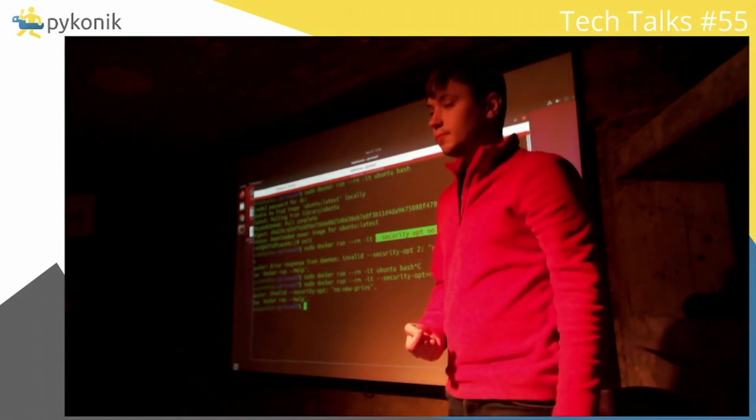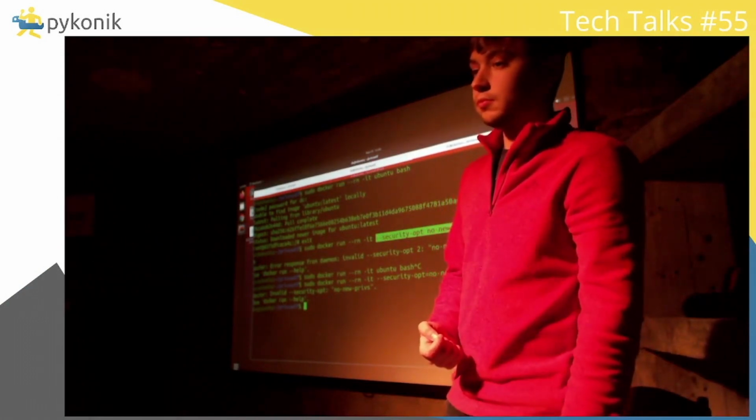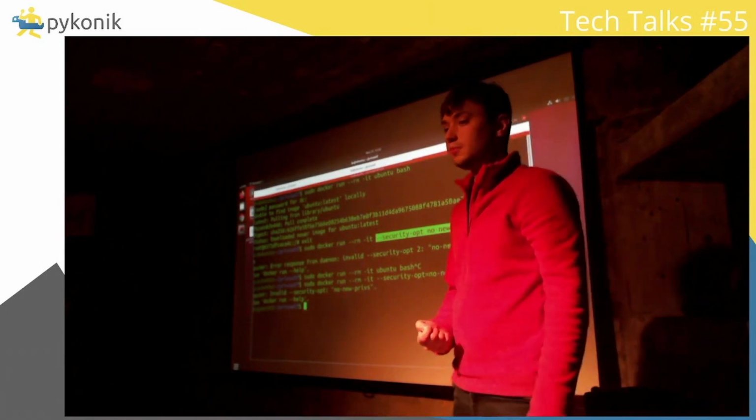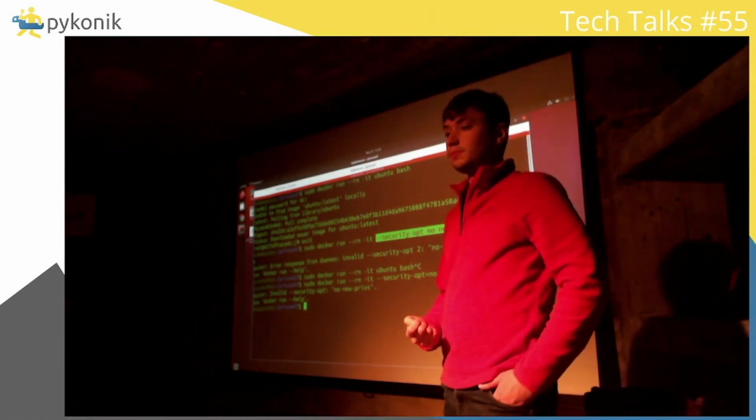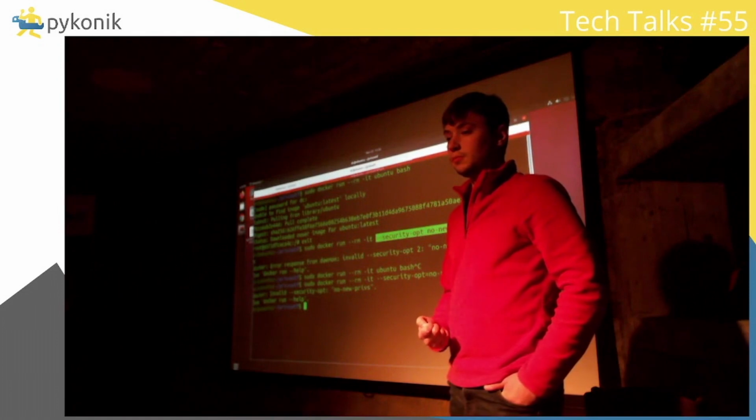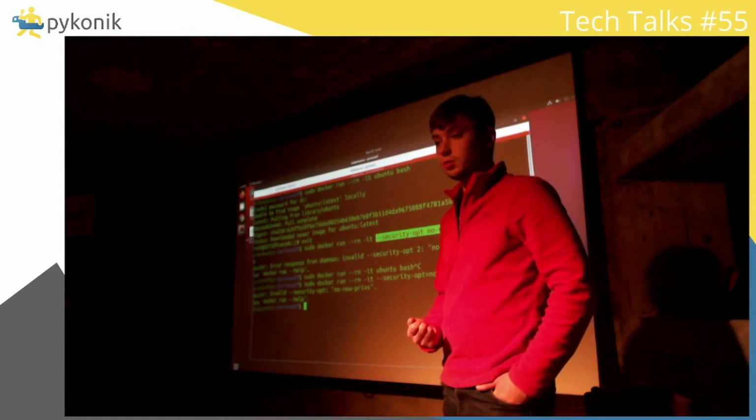But what if, without this flag, you change your effective user ID and group ID to some non-privileged user, you will not be able to change it anyway later, yeah? Sorry, what do you mean, like nobody or what?